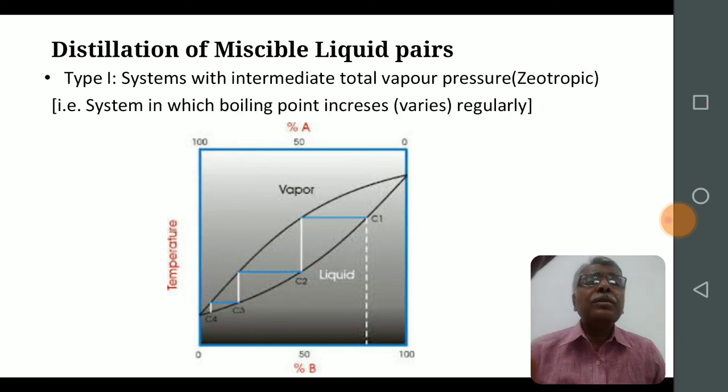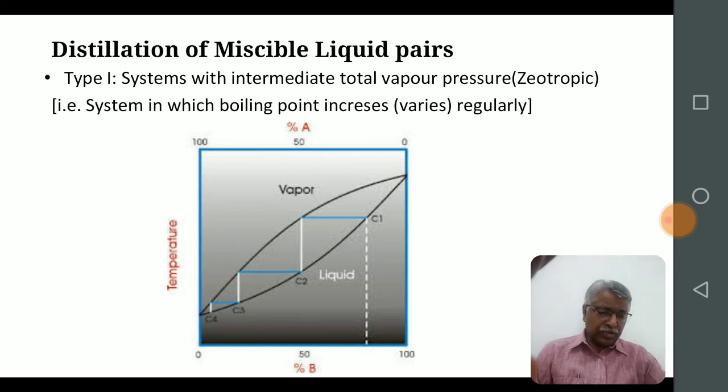Now we discuss the distillation of miscible liquid pairs. As we know, here the curve marked liquid represents the variation of boiling point of liquid with composition.